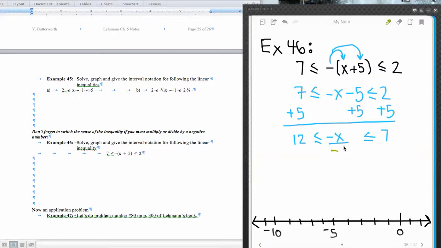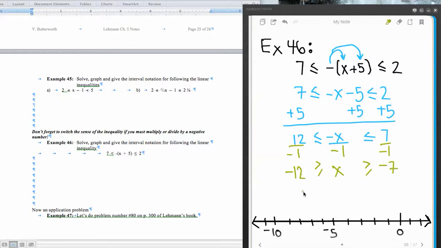And then finally I need to get rid of that negative numeric coefficient. Well, this means I'm dividing by or multiplying by the reciprocal of a negative number. That, remember, is what flips our inequalities here. And so what we have going on here is a reversal of the inequalities, and 12 divided by a negative 1 is going to give us a negative 12, and then an x, and then a negative 7.